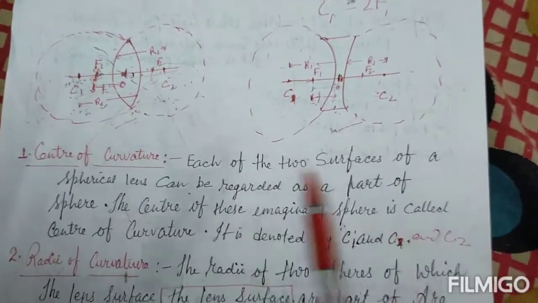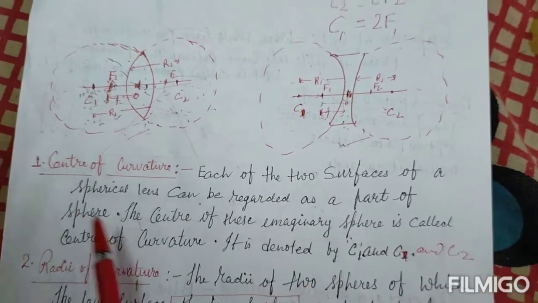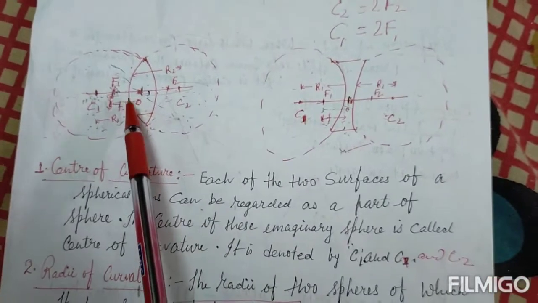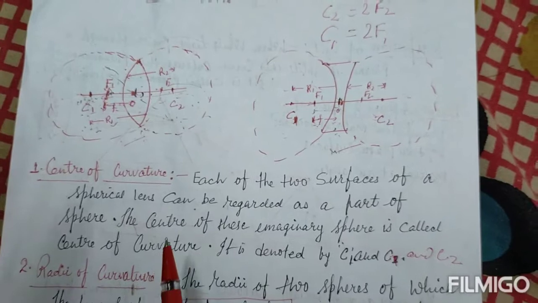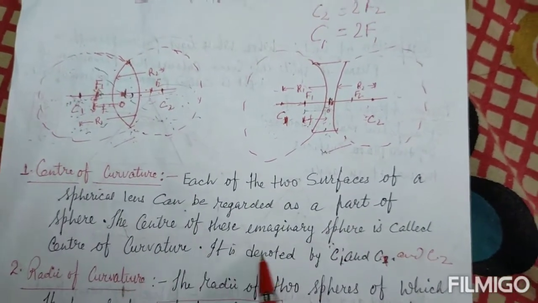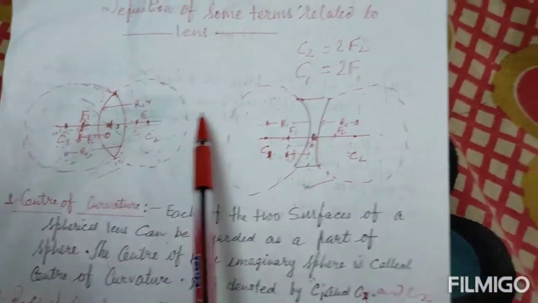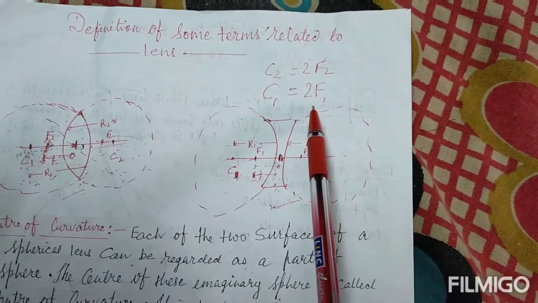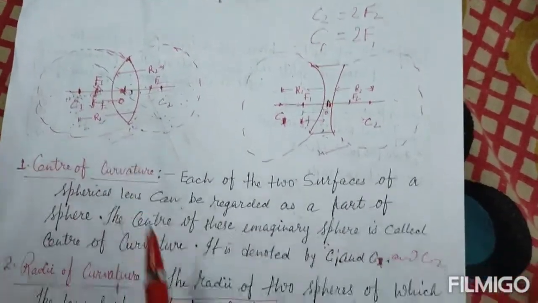So you write the definition. Each of the two surfaces of a spherical lens can be regarded as part of a sphere. I already told you spherical lenses are regarded as part of a sphere. So the center of the imaginary sphere is called the center of curvature. It is denoted by C1 and C2. It is also called C1 equals 2F1 and C2 equals 2F2, meaning C equals 2F.